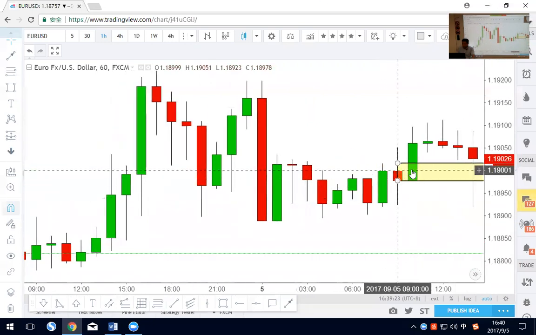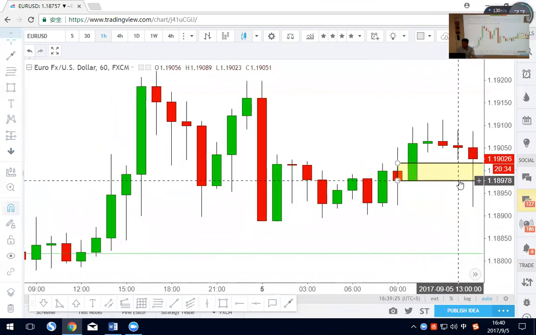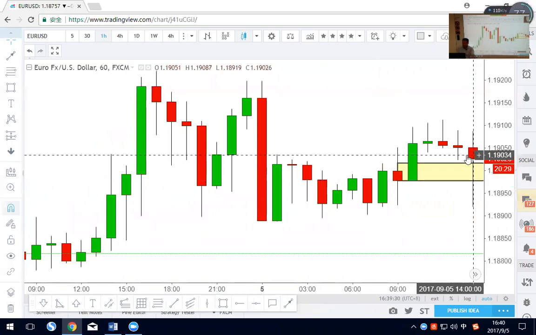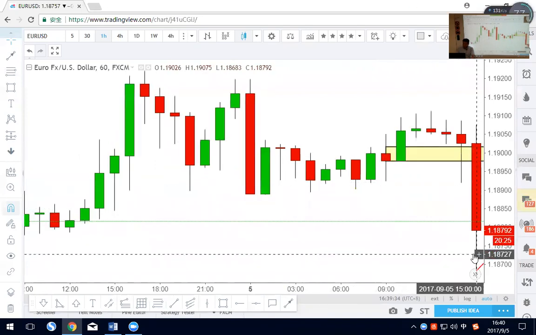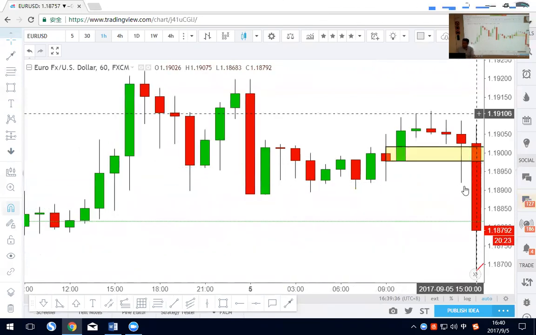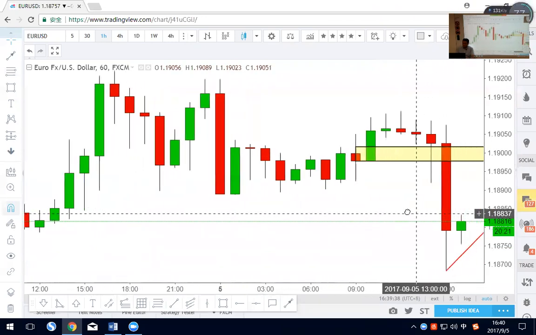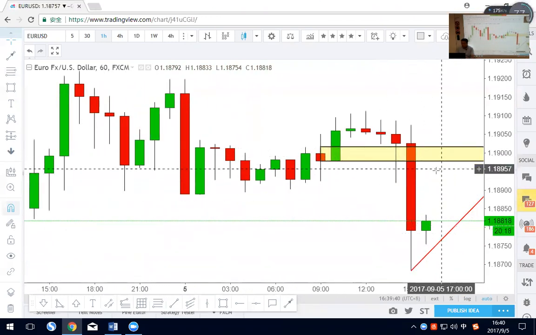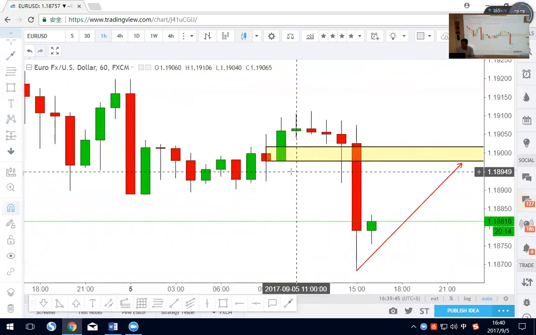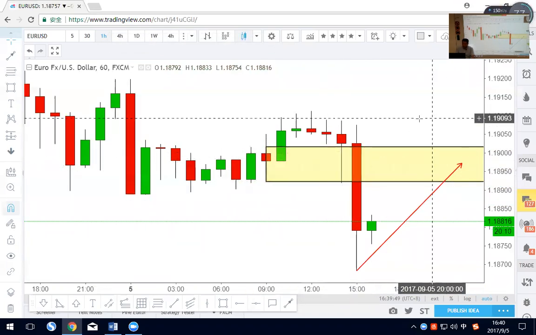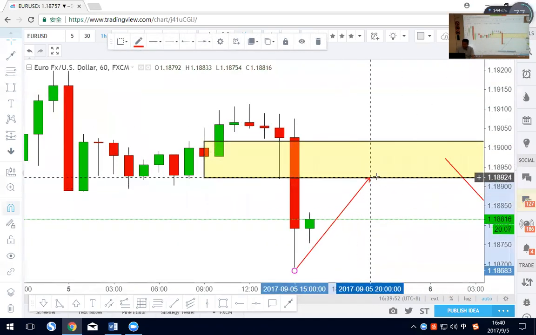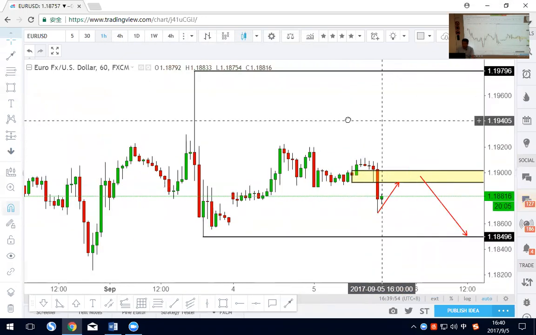We have a support from 1.1897, which is the 1.19 round level, a very big setting force. So if the price can pull back to the area about 1.1890 to 1.1900, let's put a range a little bit further, this week, if the price pulls back to here, you can consider to short, right?